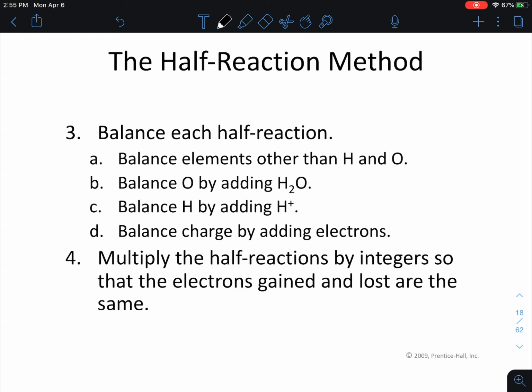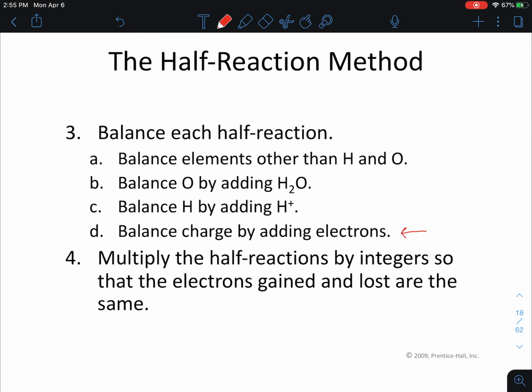Okay, so let's see. Once you've balanced all the atoms, you'll by default have unbalanced the charges even more. And now what you're going to do is balance by adding electrons in. So here it says balance charge by adding electrons.